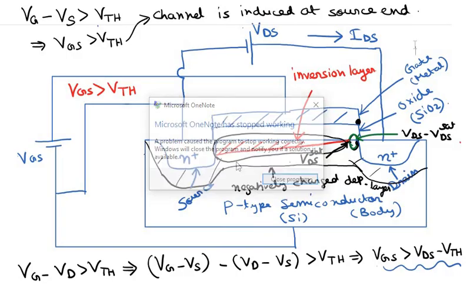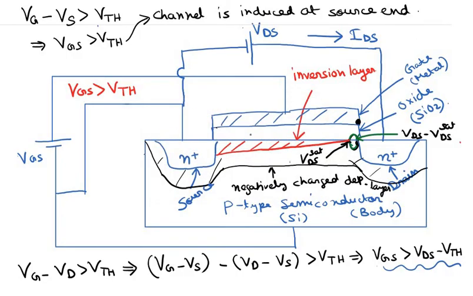Now, when the electrons reach this point where there is no channel, beyond this point the electrons flow due to a very high electric field which exists across this exposed depletion region.